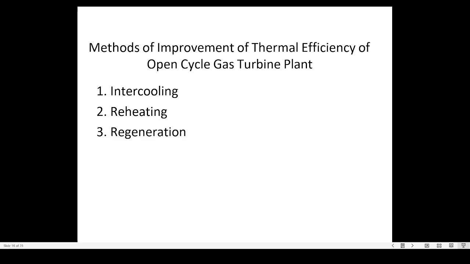In this particular lecture, we will highlight some of the methods or arrangements which can be utilized for the improvement of the thermal efficiency, or we can say to improve the performance of the open cycle gas turbine plant. The three different methods we will focus on are intercooling, then reheating and regeneration.